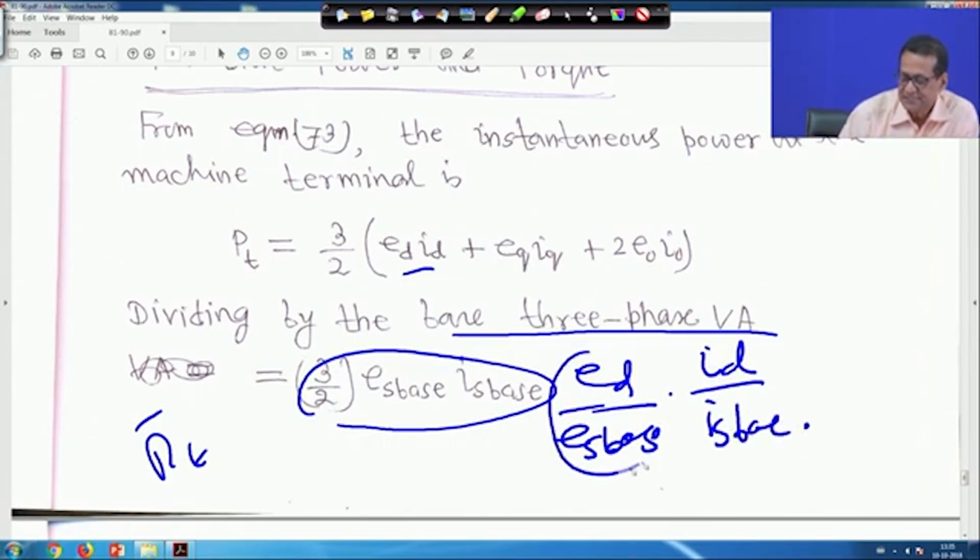This term is nothing but ED bar, and this term is nothing but ID bar. Similarly, EQ upon ES base will be EQ bar, and IQ upon IS base will be IQ bar. Similarly, 2 into E0 upon ES base will become E0 bar, and I0 upon IS base will become I0 bar, because we are representing things in per unit.